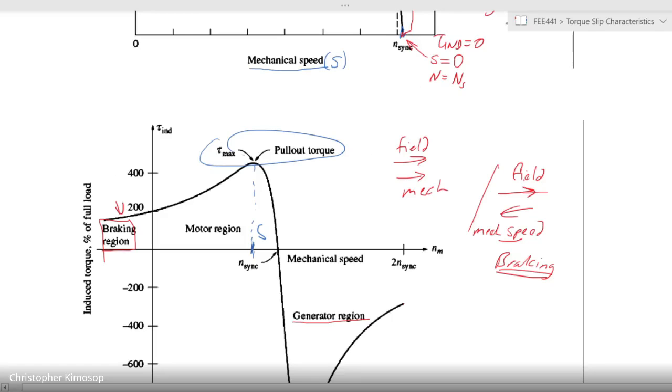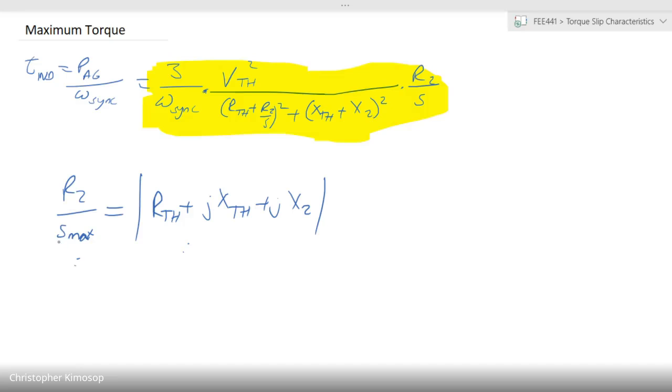Slip is what varies; the resistance remains the same. So we are looking at the slip at maximum torque. To get this absolute value, you take the square root of squares, which is R Thevenin squared plus X Thevenin plus X2 squared.